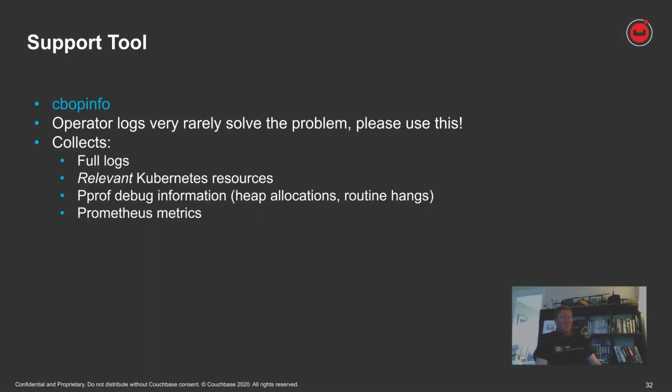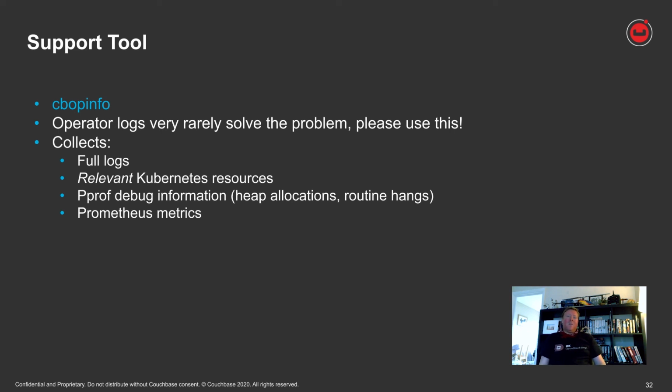A lot of people just copy and paste the last error that came out of the operator logs and send it to someone, and that's not good enough. What we need to really see is the first error, not the most recent one, because it was the first one that triggered the chain of events. Now, I've talked about scoping, and we do have this tool called cbopinfo.